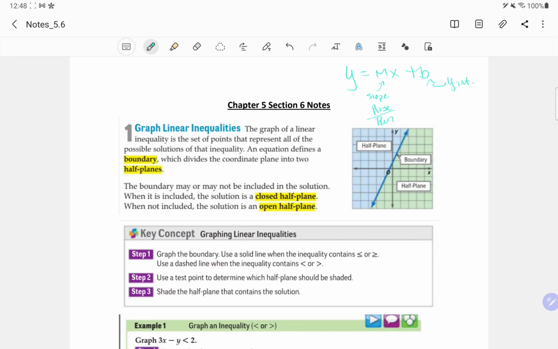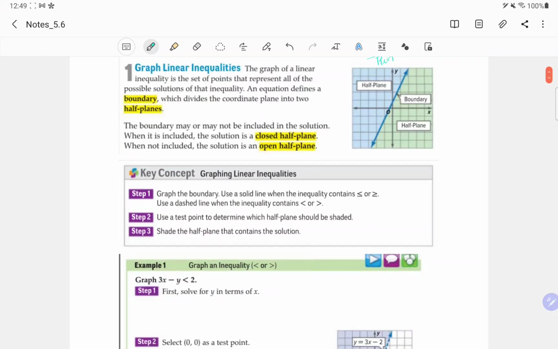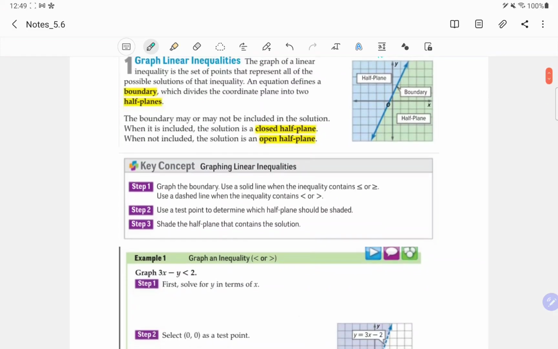All right. So when we go to do these problems, you're going to need a slope, you're going to need a y-intercept, and then from there, the part that is different is not hard at all. If you're graphing a greater than or equal to sign, you're going to use a solid line.